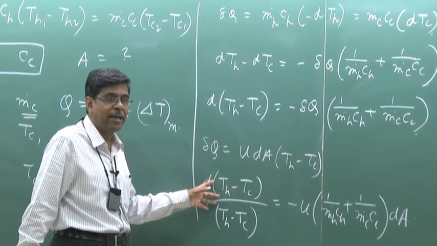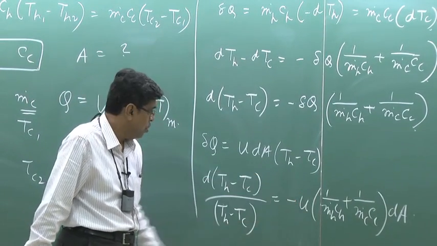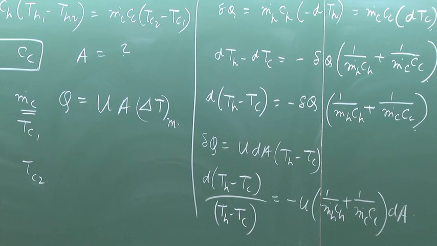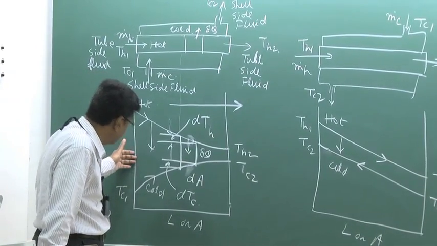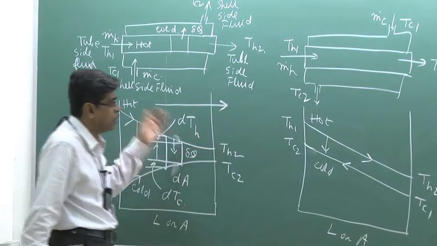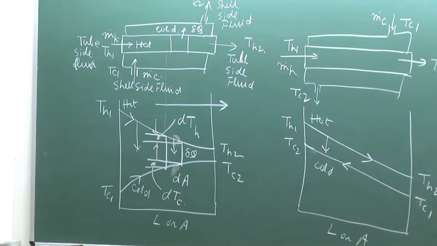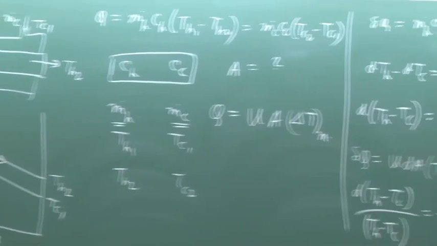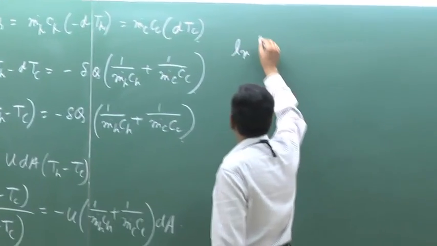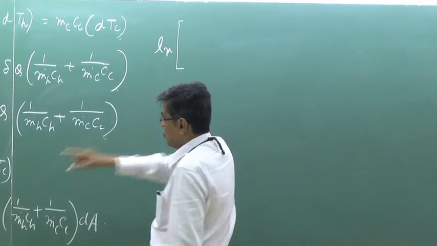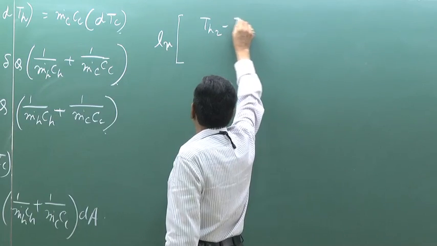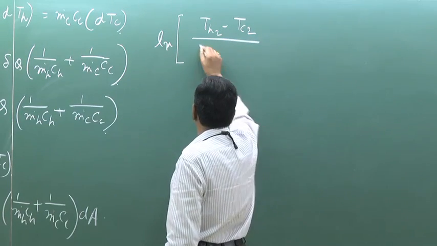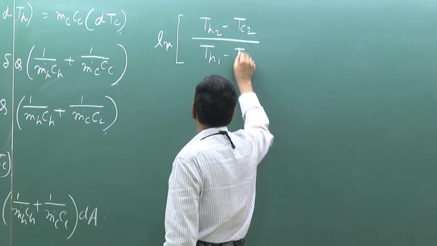Now if you integrate both these sides with respect to dA, the left side represents the temperature difference, the way it is expressed between the inlet and outlet of this parallel flow heat exchanger. Then the left hand side becomes ln of (TH2 minus TC2) divided by (TH1 minus TC1).